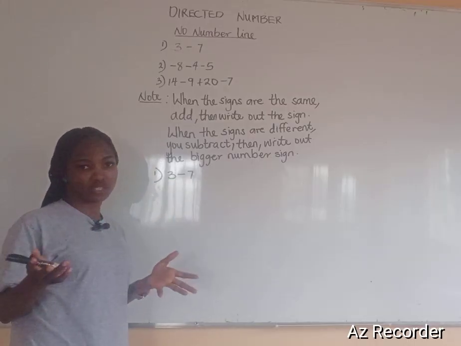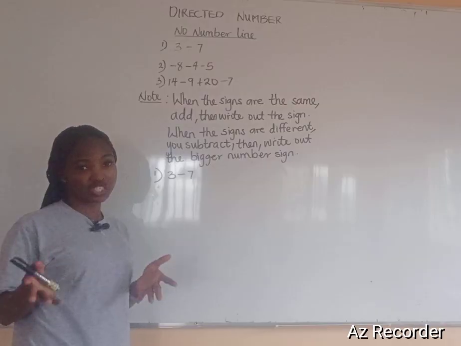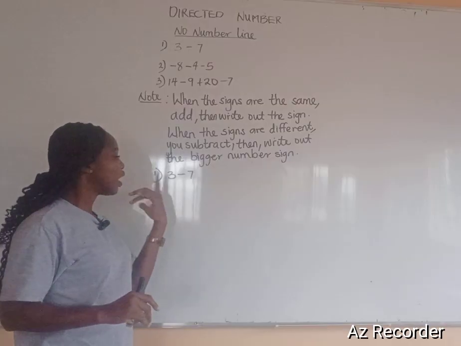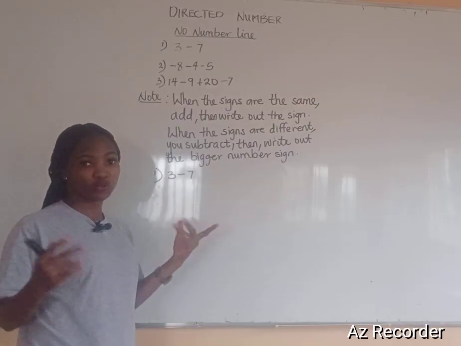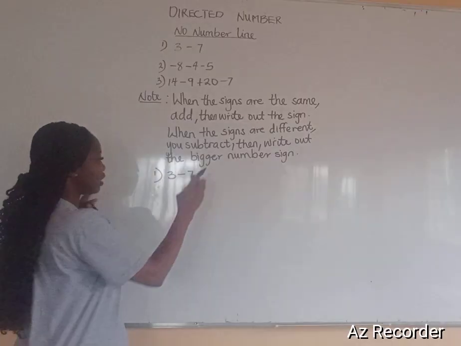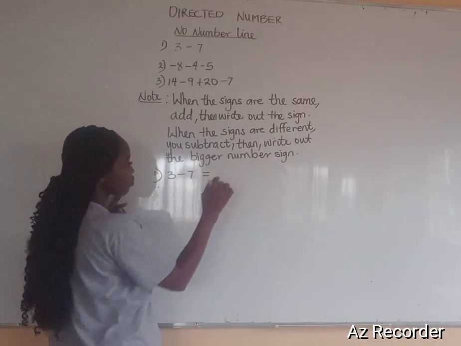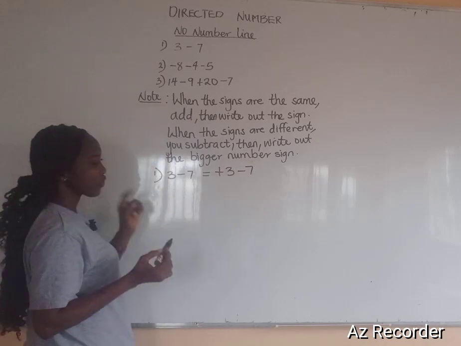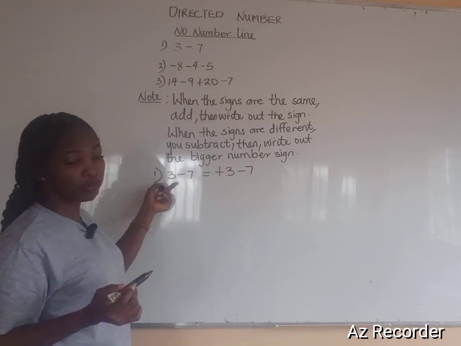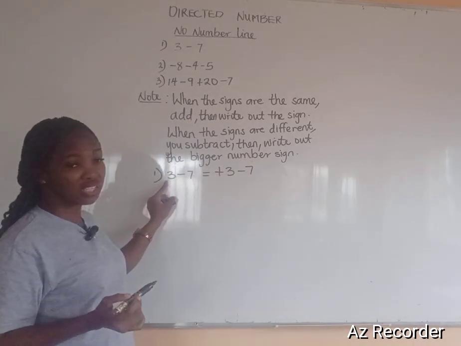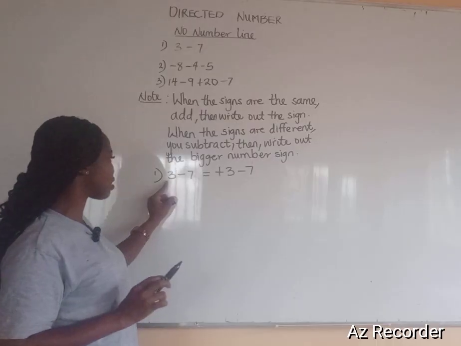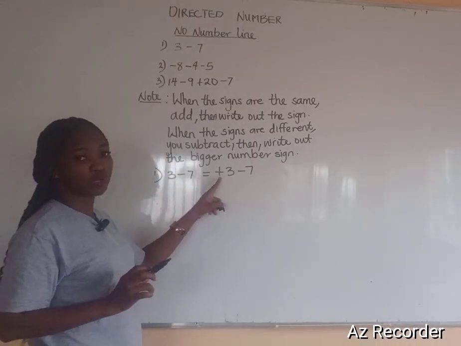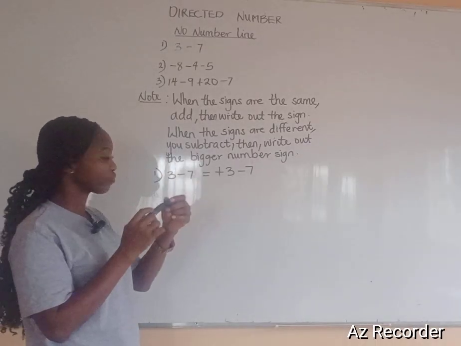If it is negative, we are going to always attach it. But if it is positive, we can leave it. So in this case, this becomes plus 3 minus 7. Remember, I told you all numbers have a sign. There is an invisible plus in this. So now we have plus 3 minus 7.